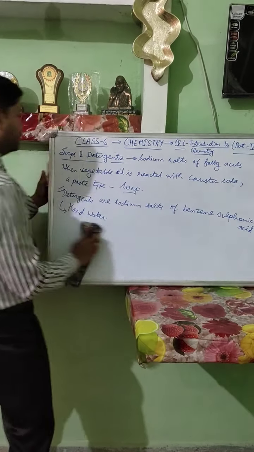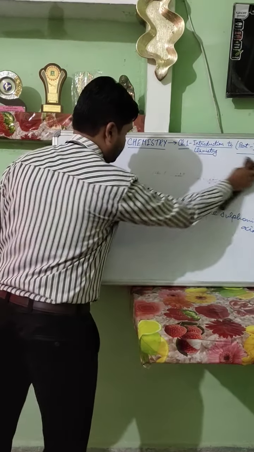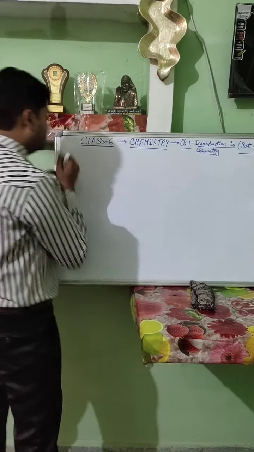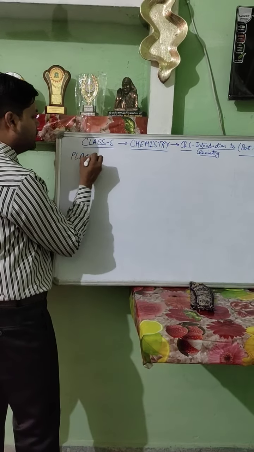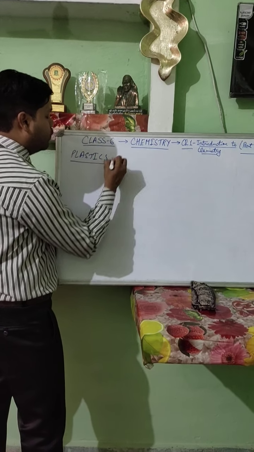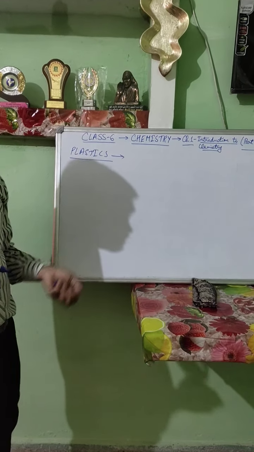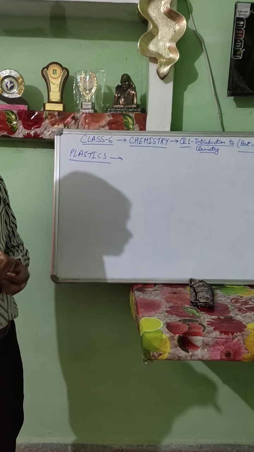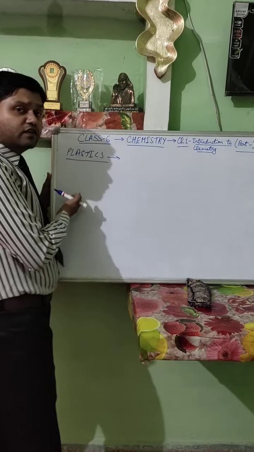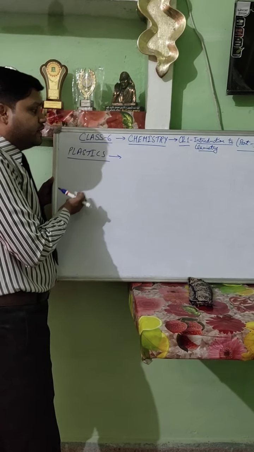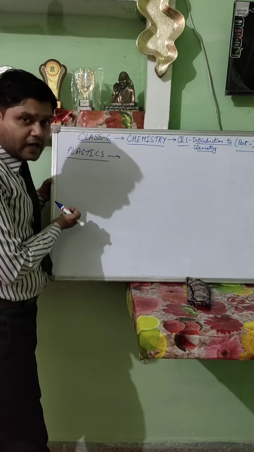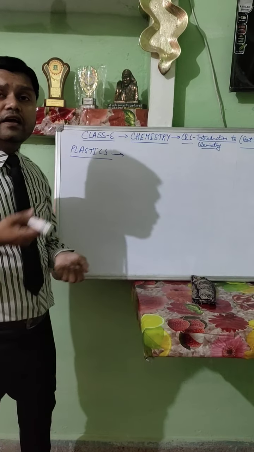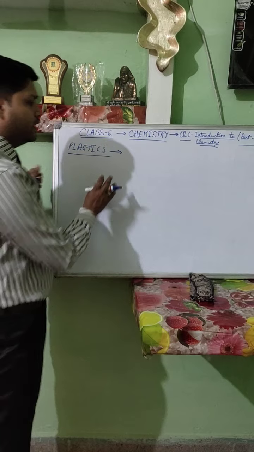Second topic for today's class is plastics. We all are using plastics to a great extent nowadays. Plastics have become a very important part of our life. They cover most industries and many things in houses also. I think no field is untouched by the use of plastics. In our kitchen, in this pen, in pencil boxes, in polythenes, everywhere we find plastic.